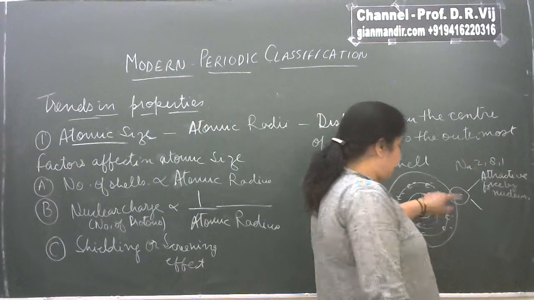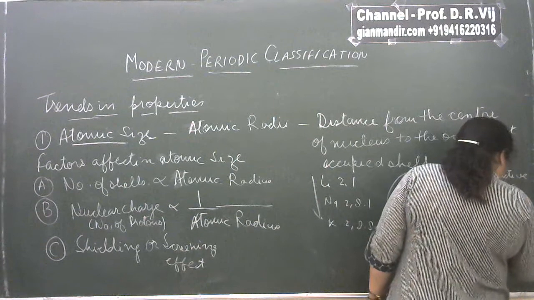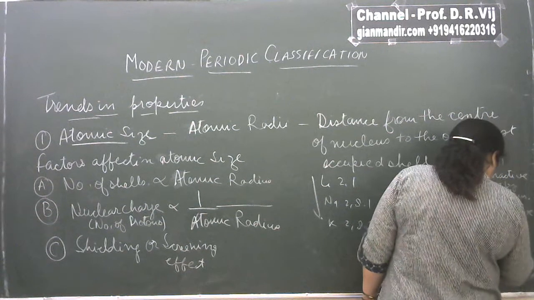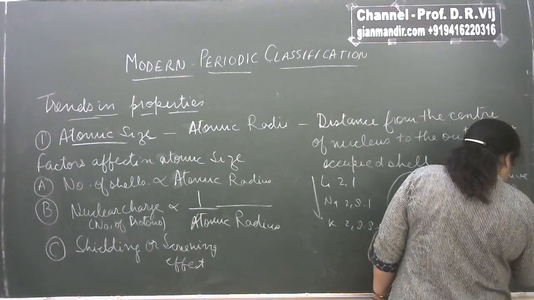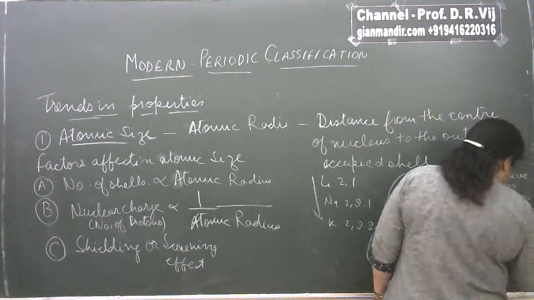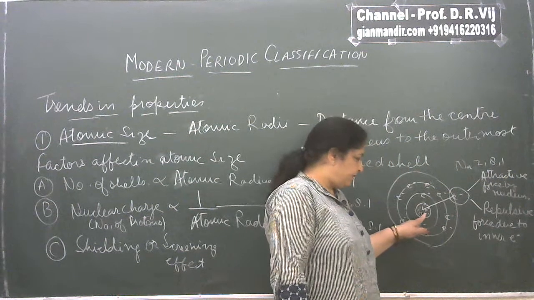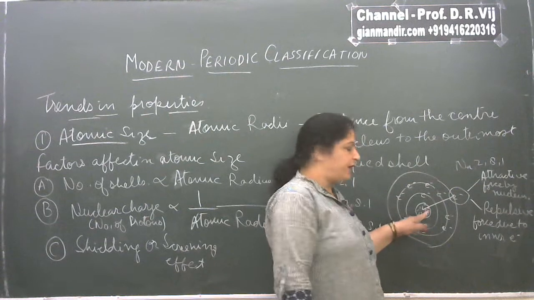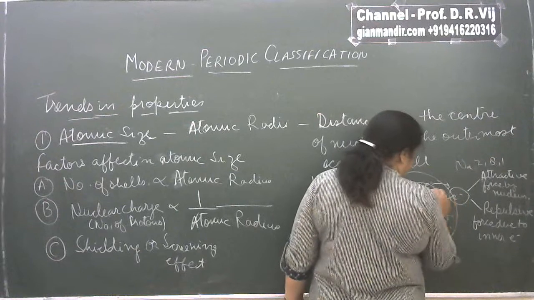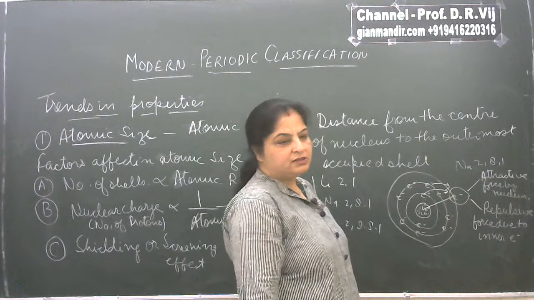Another force which this electron is experiencing is the repulsive force due to inner electrons. If this electron can be attracted by the protons present in the nucleus, at the same time the electrons present in the inner shells will also be exerting a repulsive force on the valence electron.